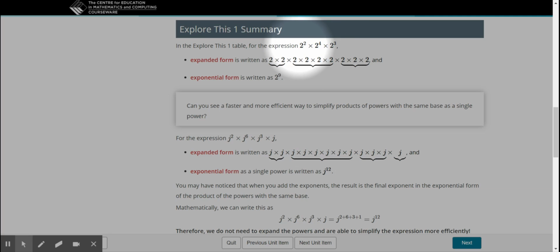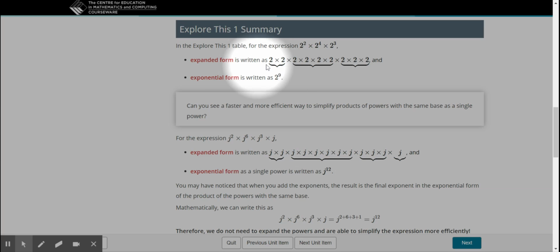That means 2 multiplied by itself 2 times, and then multiplied by itself 4 times, and all that multiplied by 2 multiplied by itself 3 times. As it turns out, we are multiplying 2 by itself 9 times. Since 2 plus 4 plus 3 is 9, this is 2 to the power of 9.